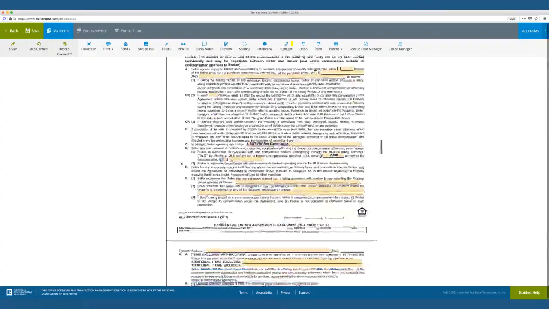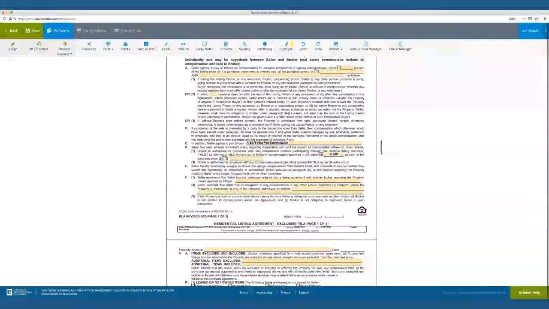So here we go. The seller hereby irrevocably assigns the broker the above compensation. Broker may submit this agreement as instructions to compensate broker. So this will be your evidence to escrow or to anybody as to what the agreement is. And then the seller represents he has not entered into a listing agreement with another broker. This is important.